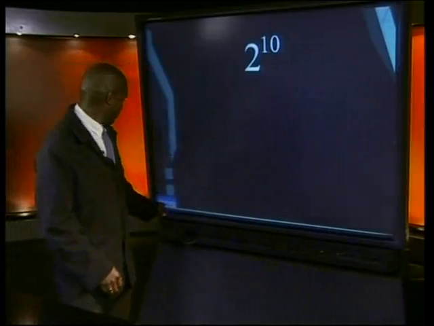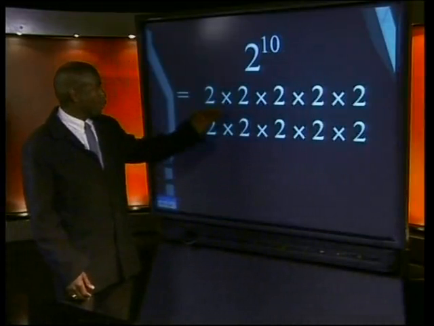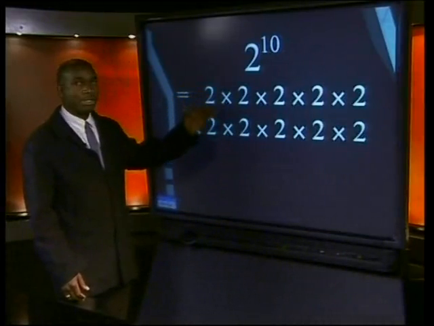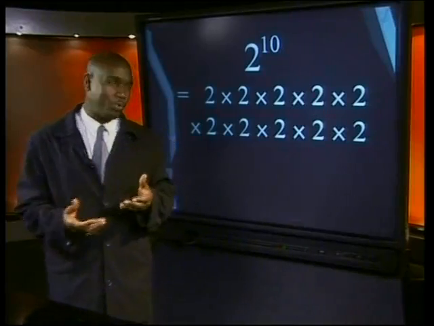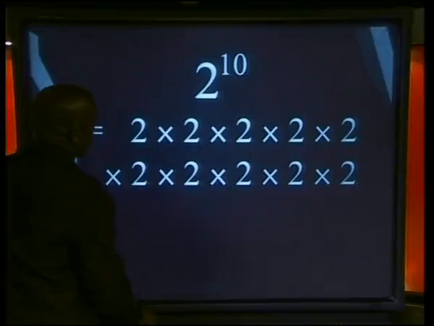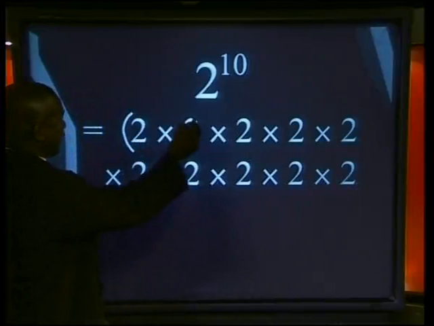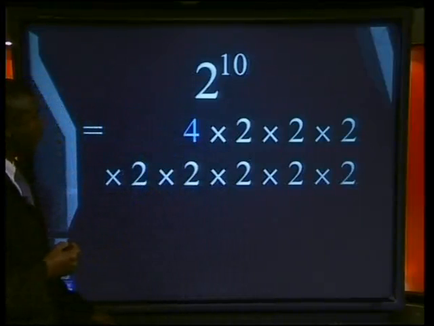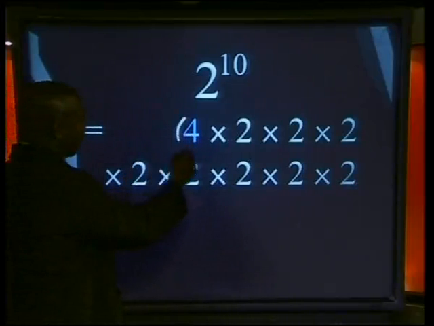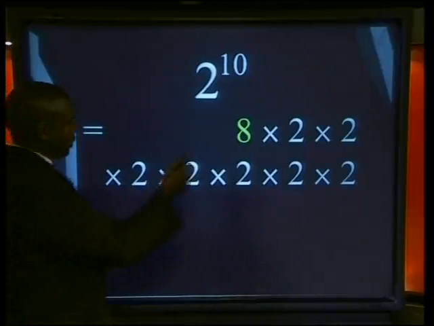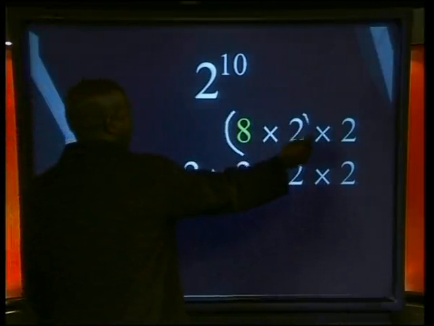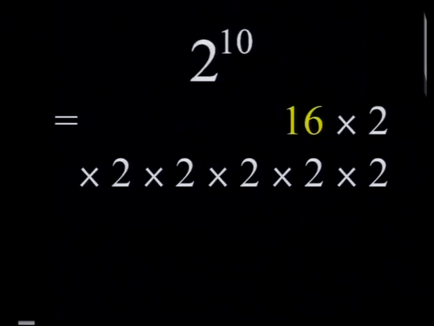What is 2 to the power 10? So what is 2 multiplied by itself 10 times? Let us look at the sequence or row of numbers as they grow. 2 times 2 gives you 4. 4 times 2 gives you 8. 8 times 2 gives you 16.